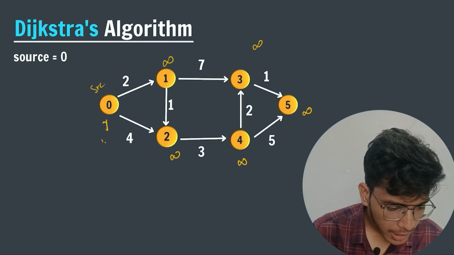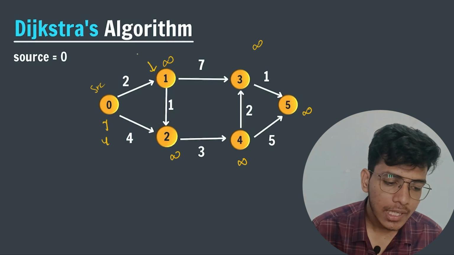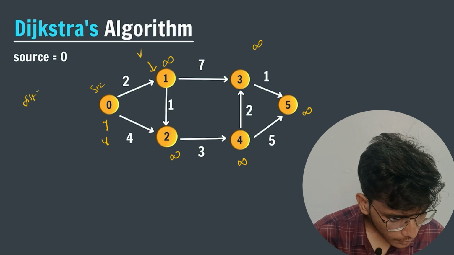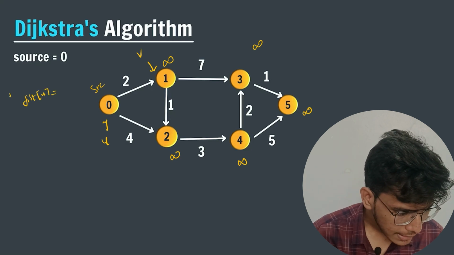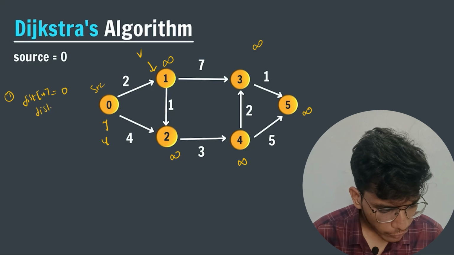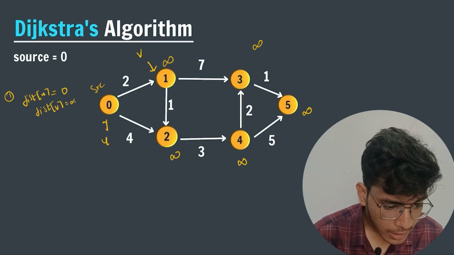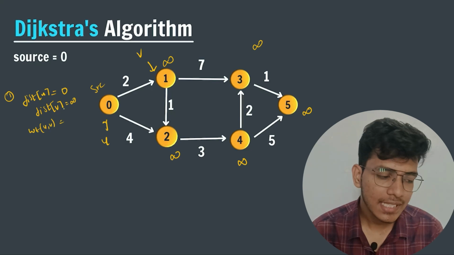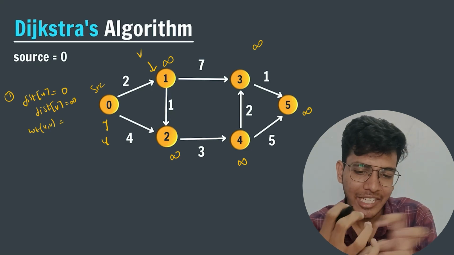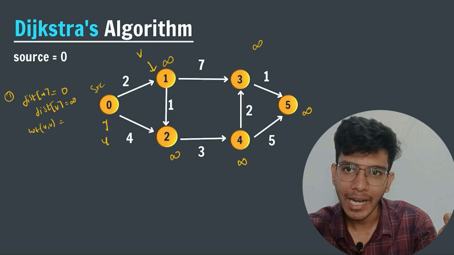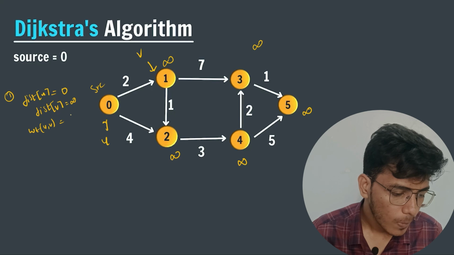Here this will become my u node, and this will become my v node. In the first iteration, the distance of u will become 0, the distance of v is infinity, and the weight of u comma v, which is the edge length between u and v, which is 0 and 1, is 2.